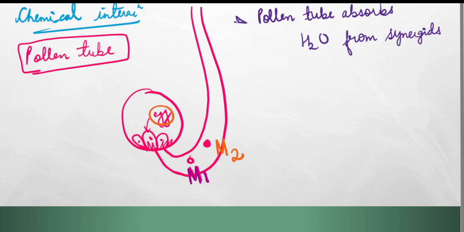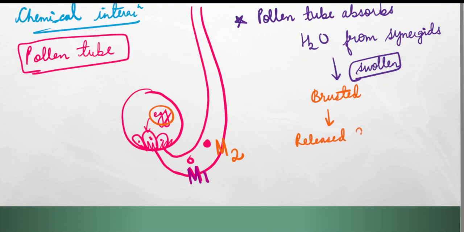And then what will happen? It absorbed so much that it became swollen, and finally it burst. The moment it burst, it released two male gametes. And now the story about the two male gametes, what these two male gametes actually did. These two male gametes, obviously, are non-motile male gametes.